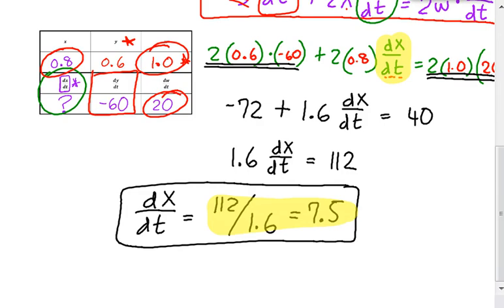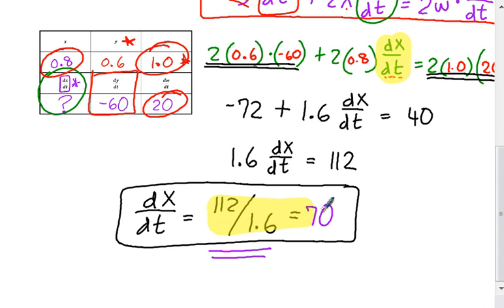Okay, I've just located a math error, and I think I know how to correct it. It's that I used my calculator wrong and wasn't paying attention. When you divide 112 by 1.6, you don't get 7.5, you get 70. So let me just go back and correct that. Now this was unintentional, but I feel it's a valuable lesson because part of the process of solving problems should be checking your answer.